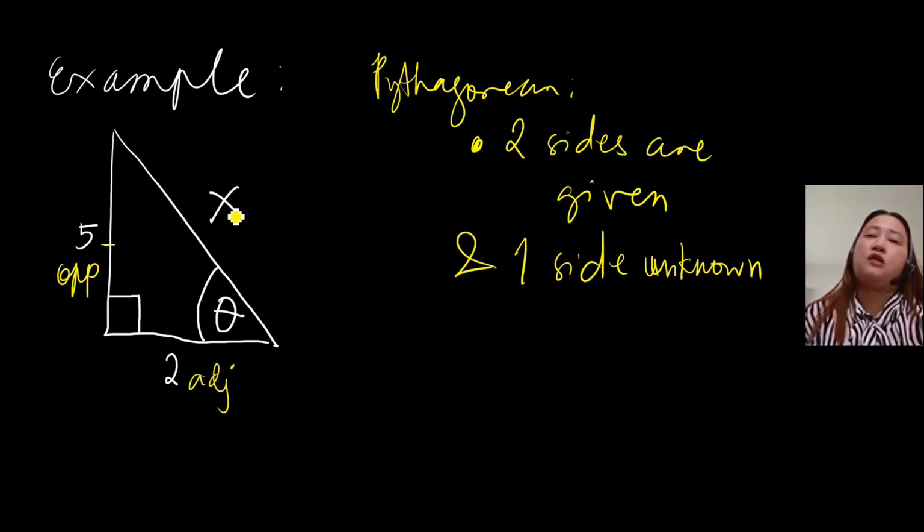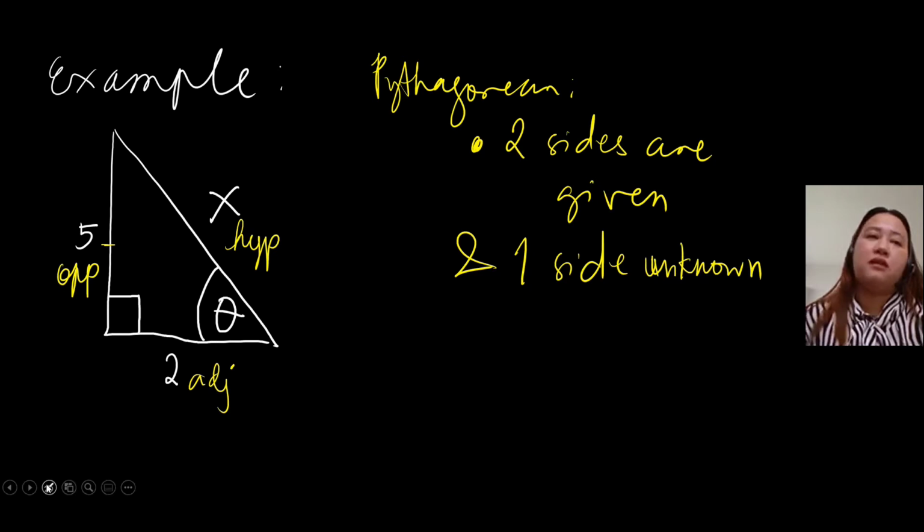And then x is considered to be the longest. It is the hypotenuse. Another thing that you have to consider in determining the hypotenuse is that the hypotenuse should be opposite the 90-degree angle. As you can see, the hypotenuse is opposite the 90-degree angle. Now, let us solve.